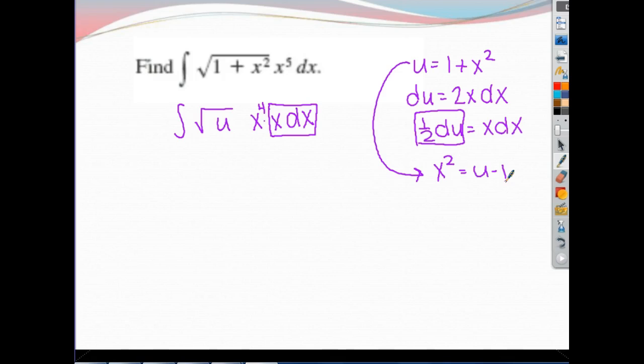What if I squared x squared? Would it be fair to say that x to the 4th is u minus 1 squared? Can I plug that all in now and get rid of all the x's?